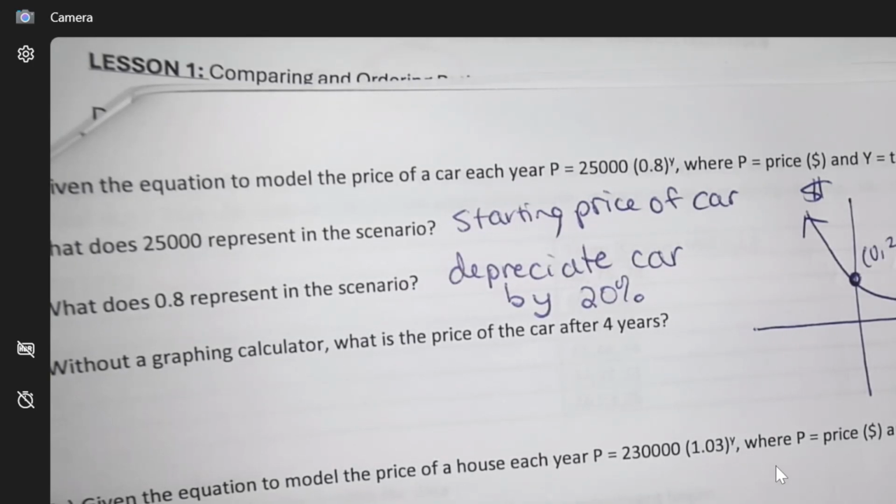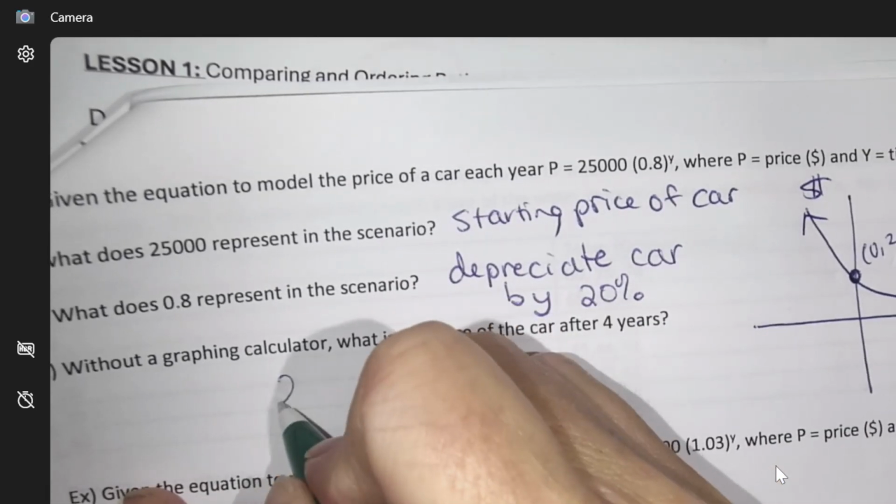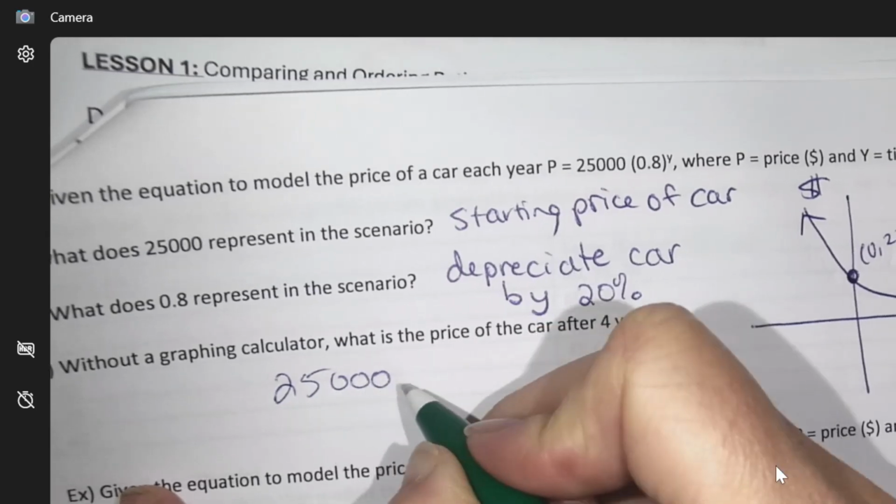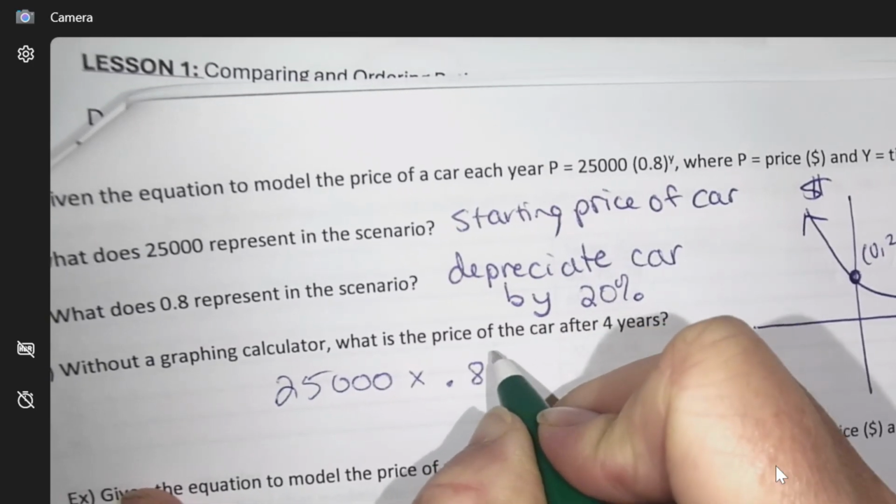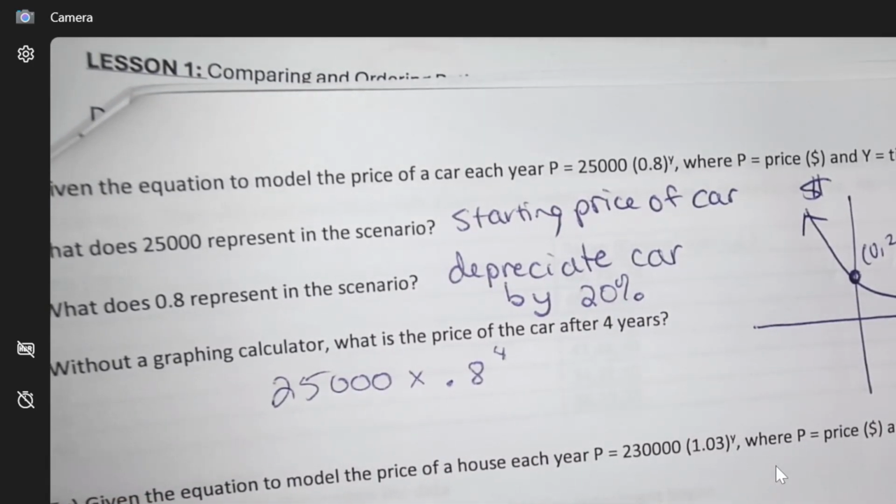Without graphing, putting it into your graph, what's the price of your car after 4 years? So you can just do this with basic math. 25,000 times 0.8 to the 4 years later.